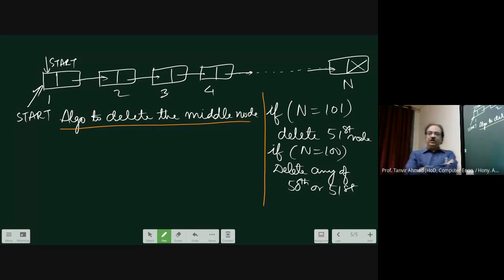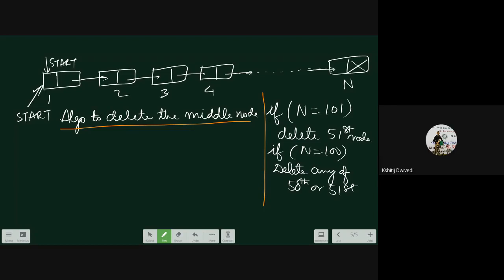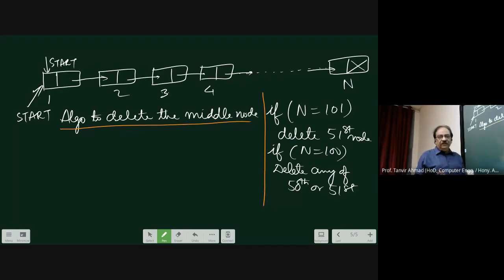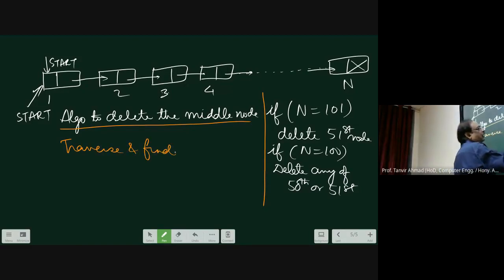Tell me, what should be a rule? Sir, initialize the flag variable as count, traverse the entire node, find the number of nodes, then find the mid element. Good. That is one way. That means what he's saying is that traverse and find n.